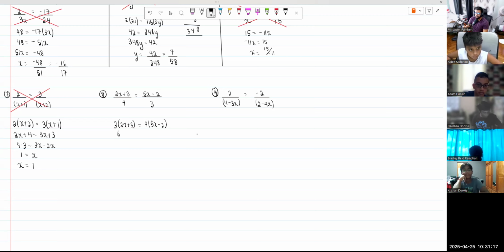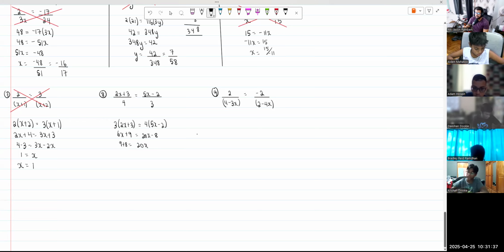Expand. 6x plus 9 is equal to 20x minus 8. I want to move the 6x to that side, so I will get a nice number. Move the 8 to this side. I'll get 9 plus 8 is equal to 20x minus 6x. 9 and 8 is 17 is equal to 14x.